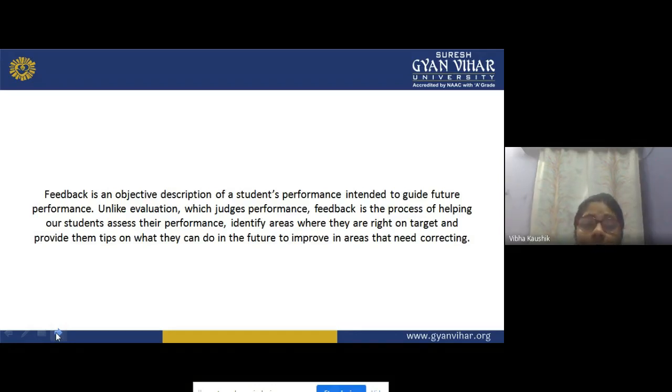Identify areas where they are right, where they are strong, on target, and provide them tips on what they can do in future to improve an area that needs correcting. It means the feedback will help them identify that these are my strength areas and these are my weaknesses, and I have to improve in these particular areas.